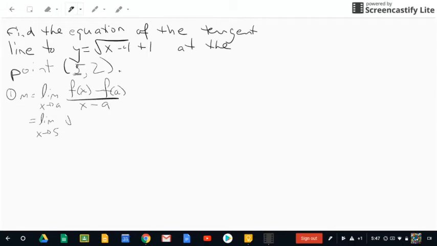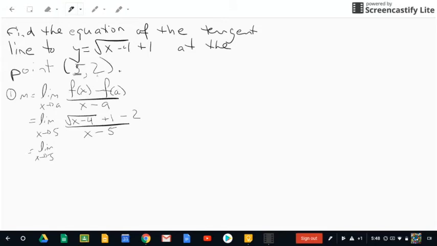Now, f of x is going to be the function, so the square root of x minus 4 plus 1, minus f of a, the y coordinate of the point we're interested in, which is 2, all over x minus 5. This is the value of a in this particular expression. Now, let's simplify this as much as we can.